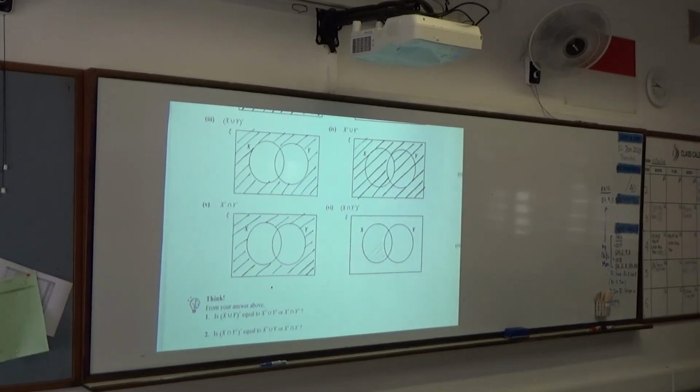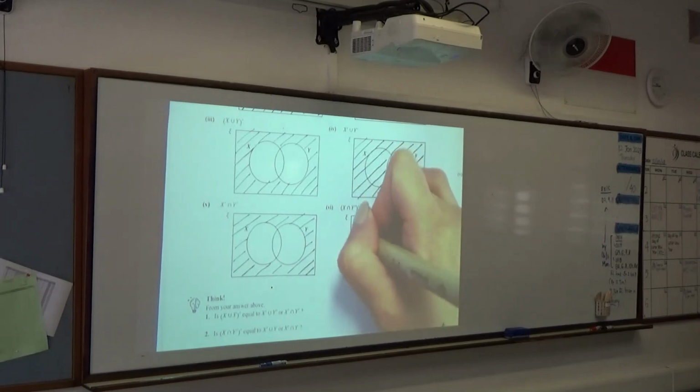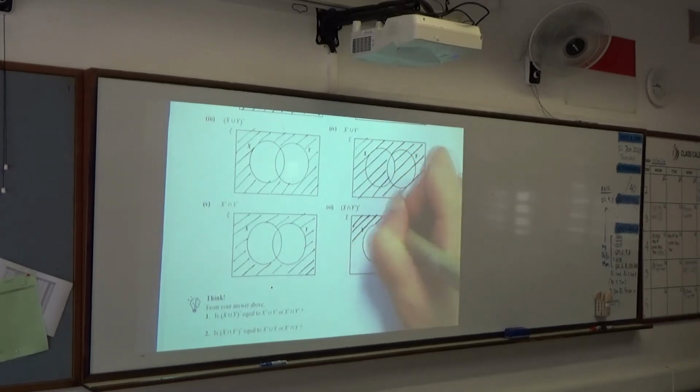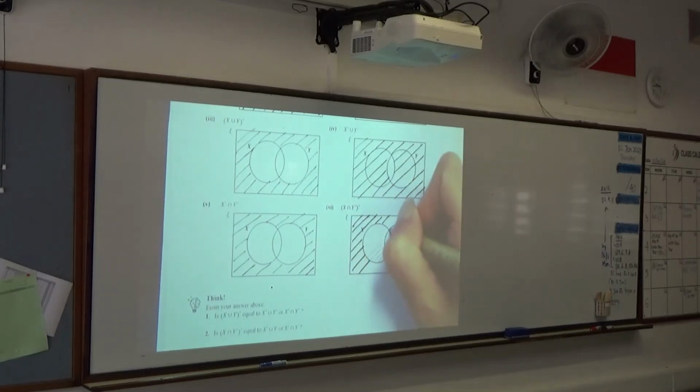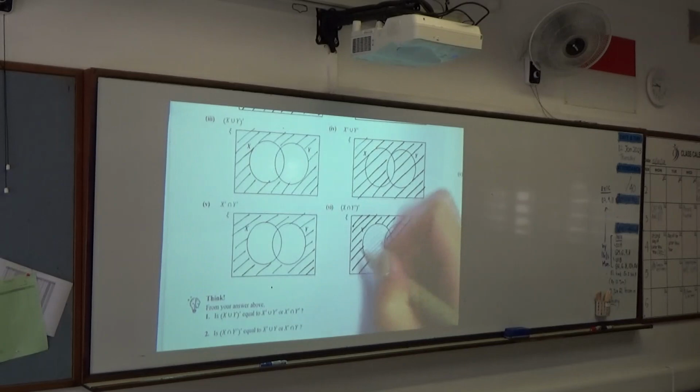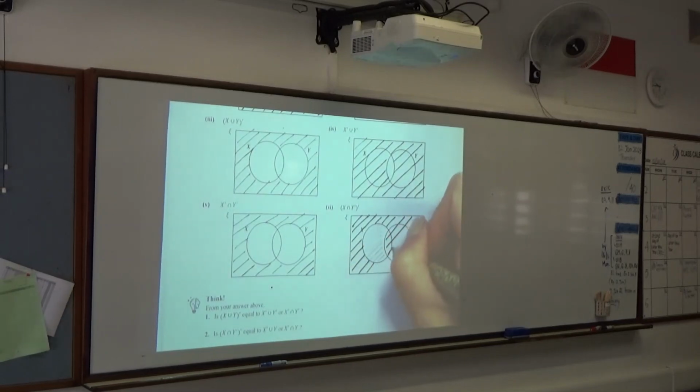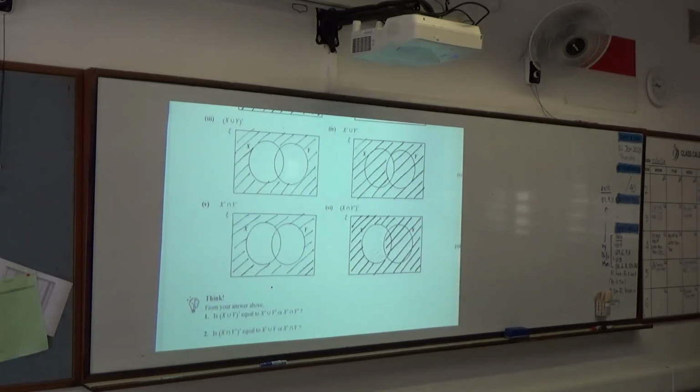So the shading that we should be getting will be anything that is outside my pencil shading. I hope that we're getting the answer over here. Anyone need me to repeat?